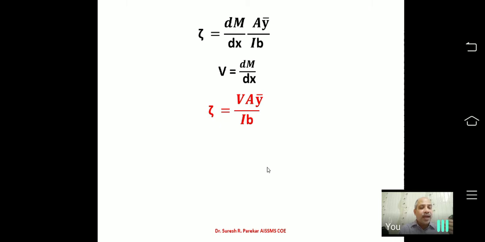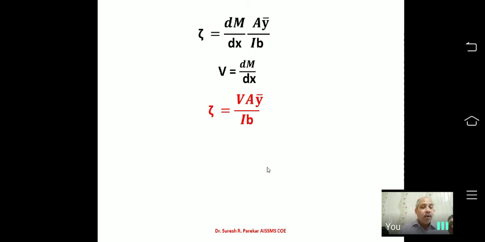Now if I have to find shear stress below the neutral axis, then I have to take the area below that axis. So if I consider the bottommost fiber, below the bottommost fiber we do not have any area, so A is 0. So at the bottommost fiber A is 0, therefore A y bar is 0 and tau is 0.